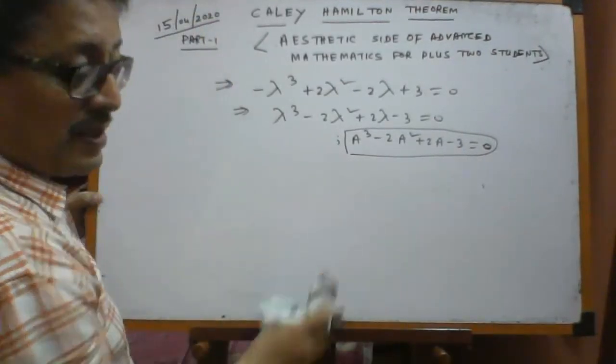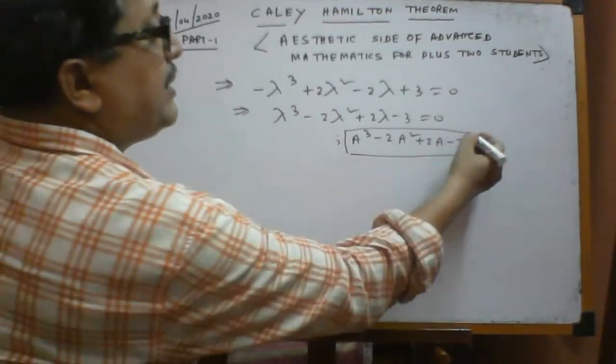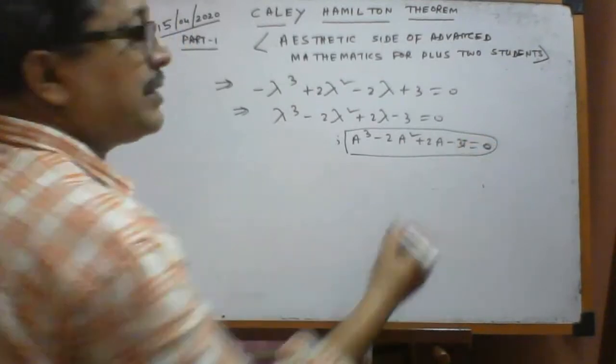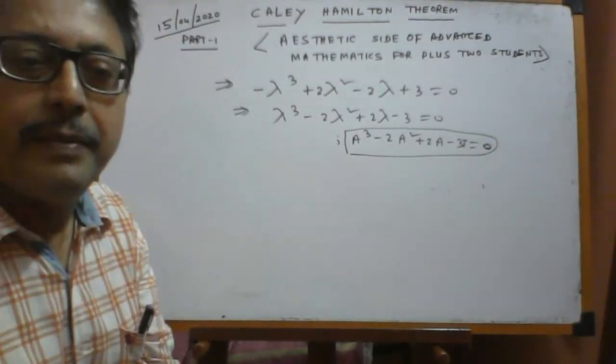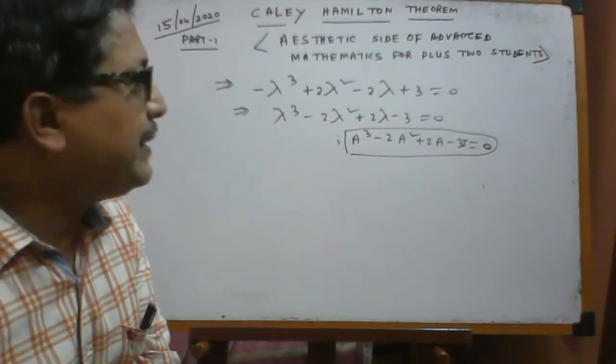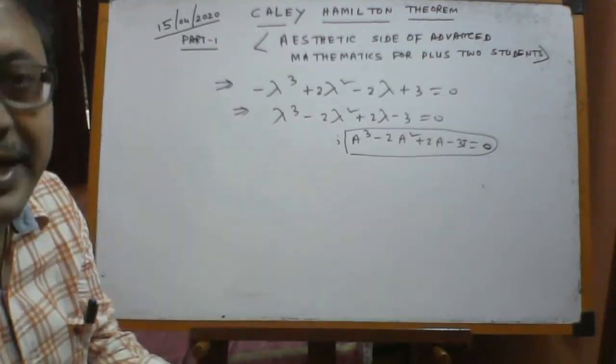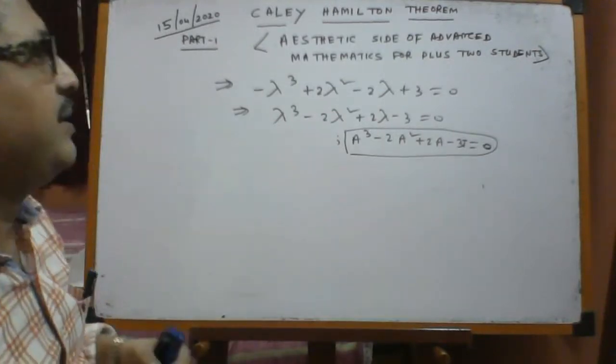So the matrix A cube minus 2A square plus 2A minus 3I. Sorry, I forgot to write I over there. I must be there because I is the unit matrix whose multiplication is necessary, because 3 means it's a constant. 3 into I you must take.